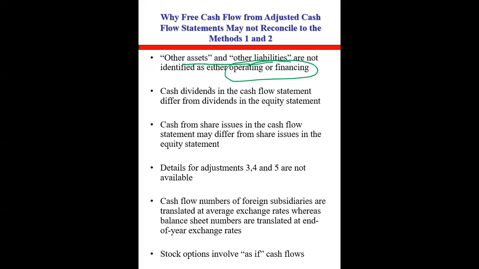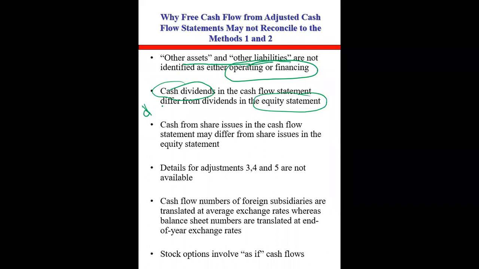So if you made this investment in other assets, you cannot look at whether it is an operating investment or a financing investment. Okay. Sometimes you see the cash dividend reported in the cash flow statement differs from the cash dividend reported in the statement of equity. So you see that you are taking the dividend payment from the cash flow statement.